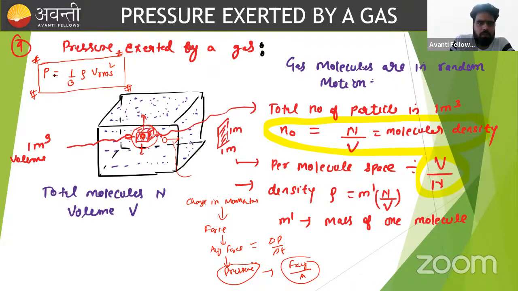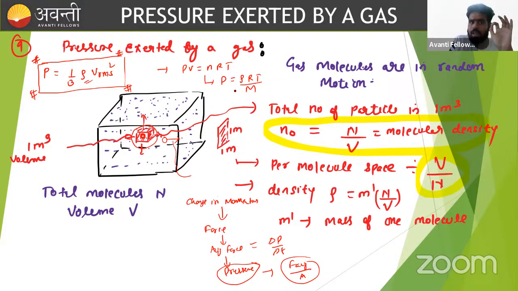By remembering this formula, you can solve hundreds of problems, beta. Okay sir, how? P equals 1 by 3 rho V RMS square. Again, apply the ideal gas equation PV equals nRT. Here density comes in, so we have to write the ideal gas equation in the form of density. Yes, sir, P equals rho RT upon molar mass.